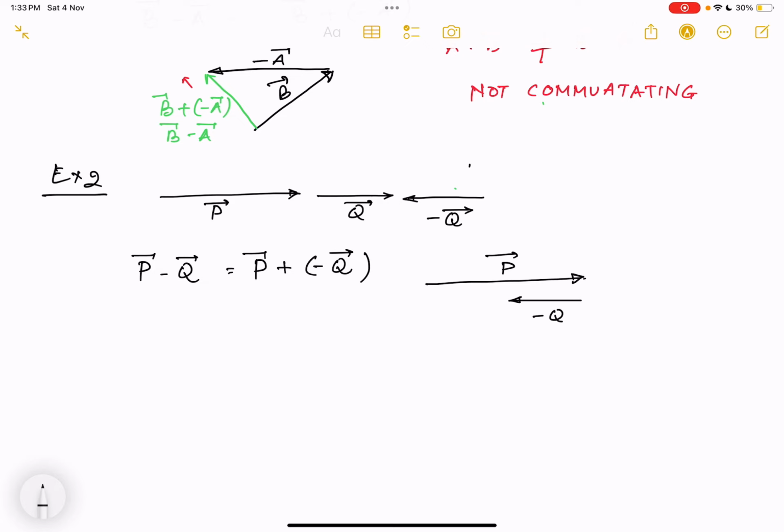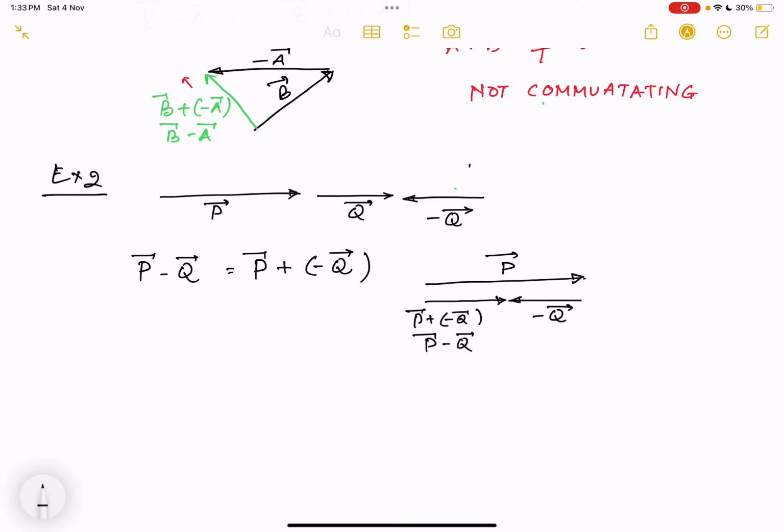This is minus Q. So this vector from here to here becomes P plus minus Q, which is P minus Q.